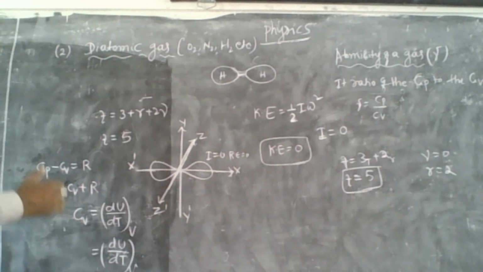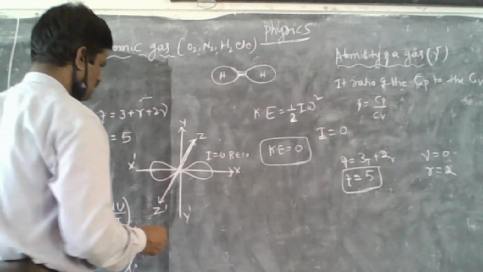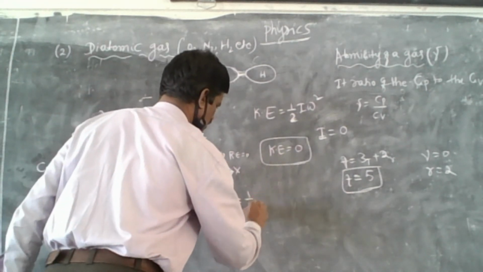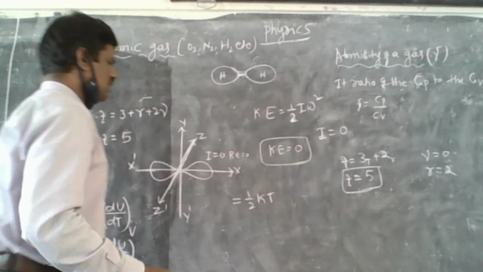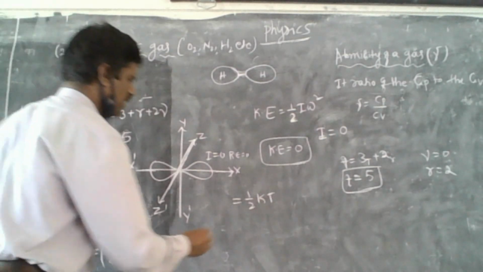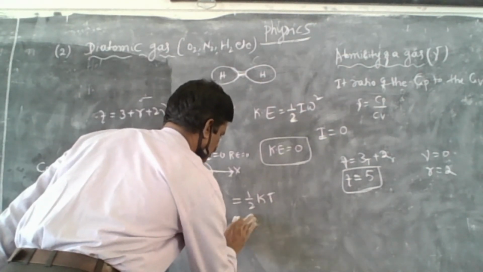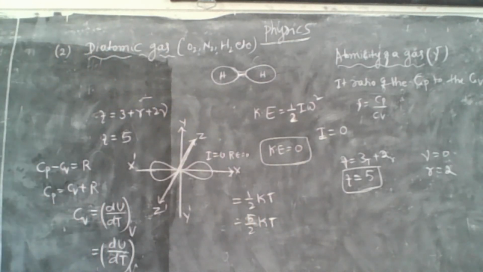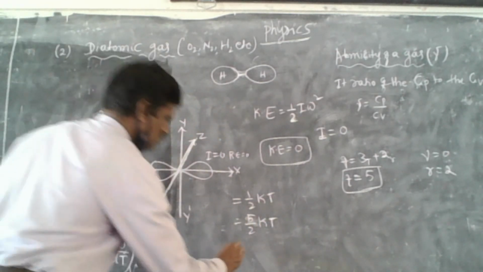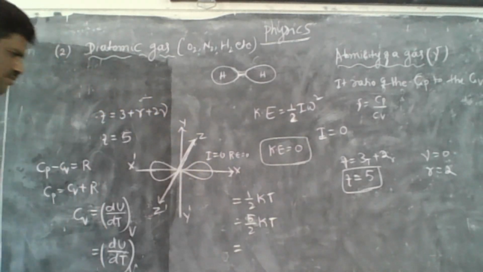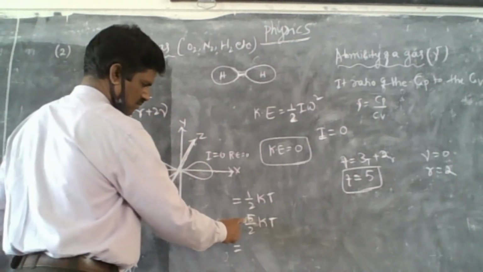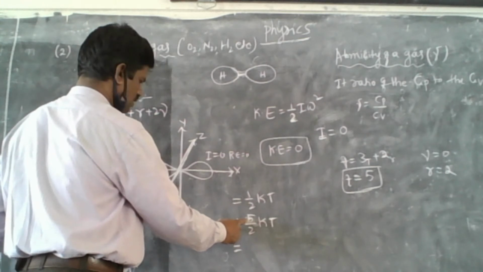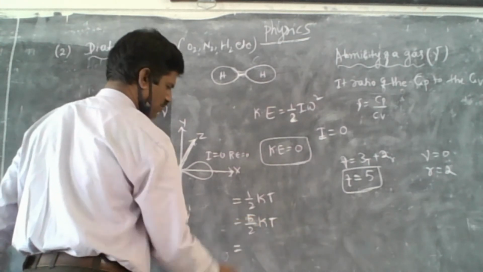The energy per molecule per degree of freedom is half kT. The total energy of the molecule is given by 5 by 2 kT, because the 5 is contributed by the degrees of freedom.